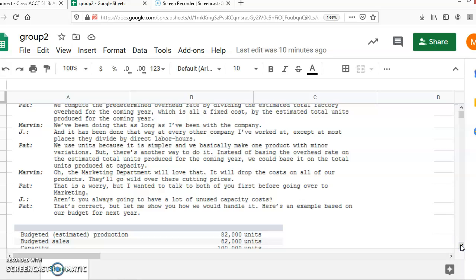Oh, the marketing department would love that. It will drop the cost on all of your products. They will go wild over cutting prices.